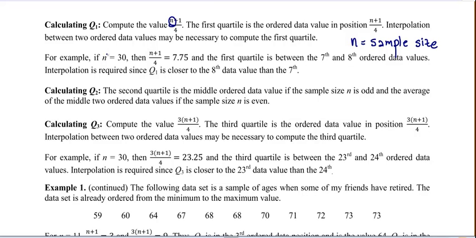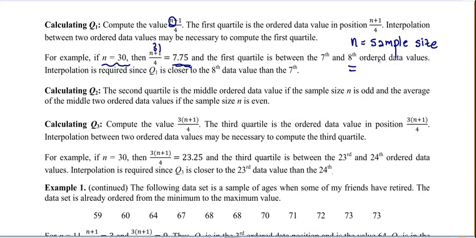For an example, suppose you had a data set with 30 elements in it. 30 plus 1 is 31, divided by 4 is 7.75. So we're going to look for the first quartile between the 7th and 8th order data value. And since we have 7.75, when we interpolate, we're going to be a little bit closer to the 8th order data point than the 7th.